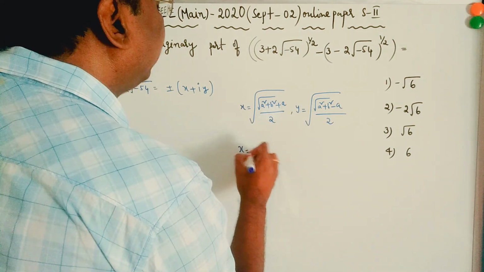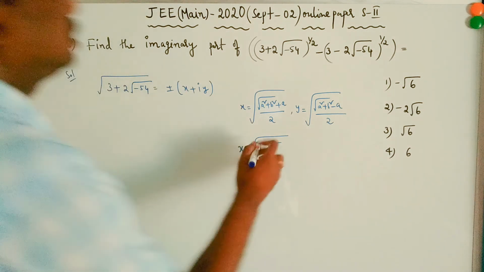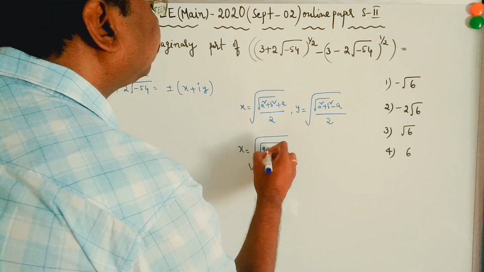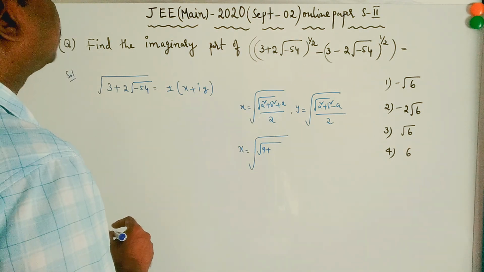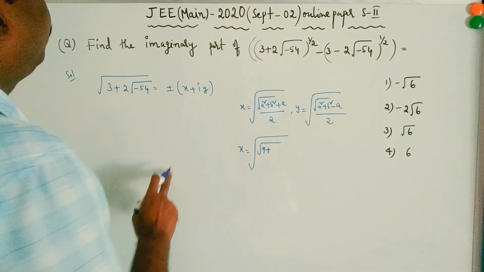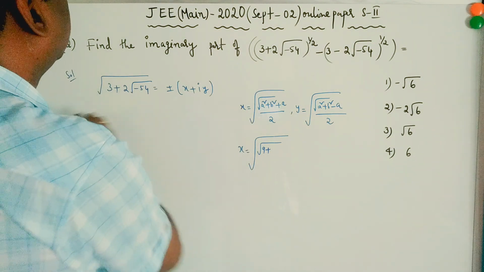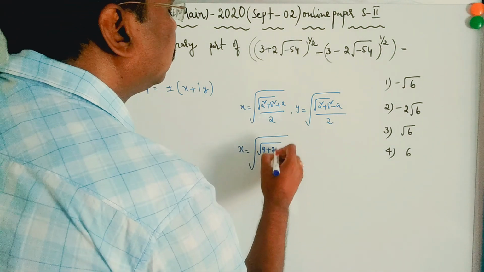Now find the x value: √((√(9 + 4·54) + 3)/2). Now 4 into 54 means 216.